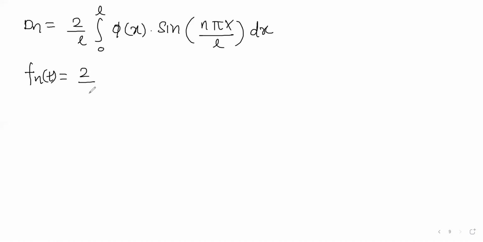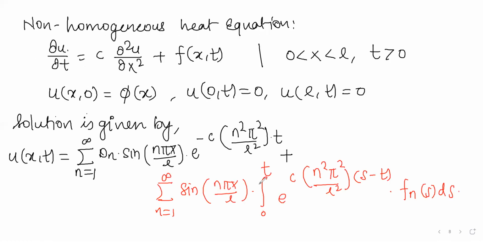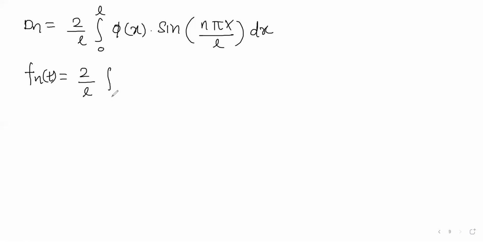But why have I written here fn of s? Because the integral limit is also 0 to t. So to remove the confusion, I have taken s. Otherwise, it is just in t only. Okay, so 2 over L, then integral 0 to L, this, and this t will be coming from this non-homogeneous part. Okay, keeping everything intact.